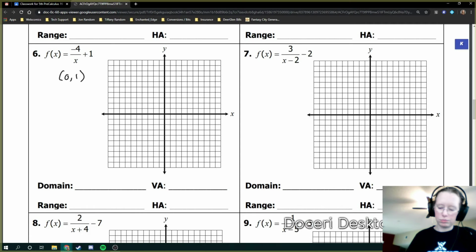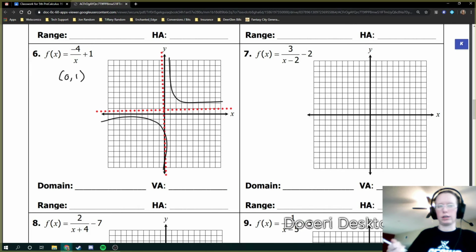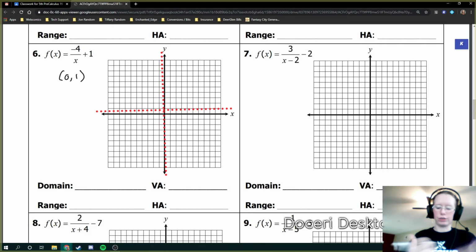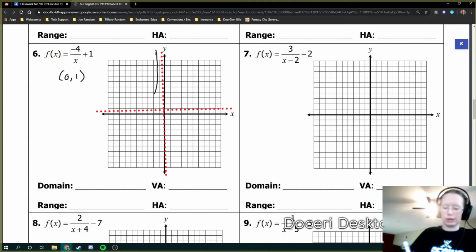So, 0, 1. Okay, so it is being reflected. So instead of it existing in essentially the first quadrant and the third quadrant, it is being reflected over the x-axis, so it's going to exist in the second quadrant and the fourth quadrant.